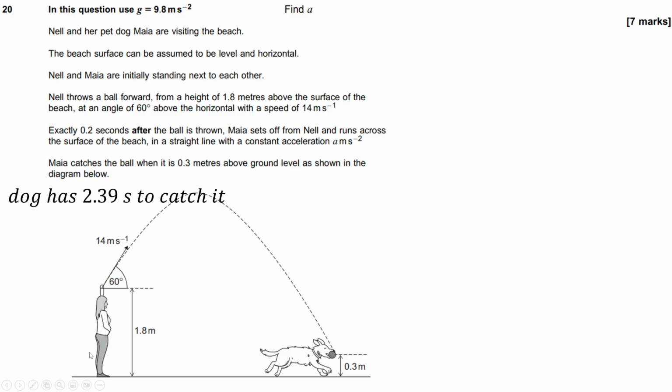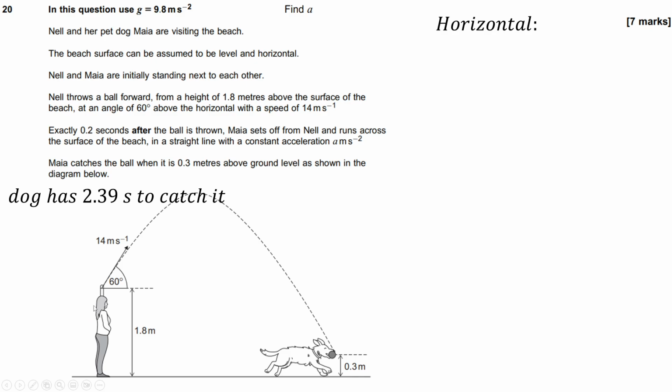One thing that would be useful for us to know is how far the dog actually runs. How far away is it? Because if it has 2.39 seconds, it needs to travel an appropriate distance. It's not going to be like 1,000 meters. It's not going to dash that quickly. So let's find what the distance is. Let's resolve horizontally.